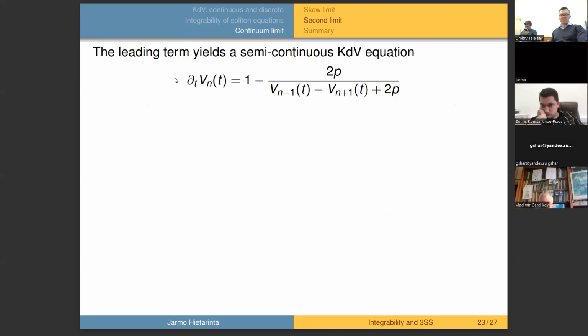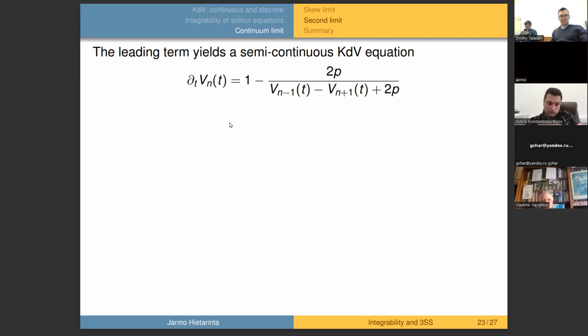So there's a time derivative, and then these are the two endpoints of the small piece of lattice, and this is the middle point. That's the derivative. So this is the first step of this continuum limit.